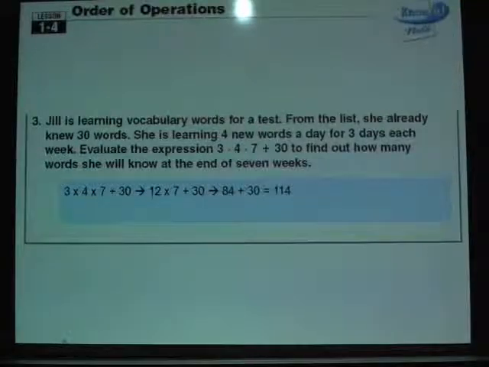Now let's take a look at the story problem here. It says that Jill is learning vocabulary words for a test. From the list, she already knew 30 of the words. She is learning 4 new words a day for 3 days each week. Evaluate the expression 3 times 4 times 7 plus 30 to find out how many words she will know at the end of 7 weeks.